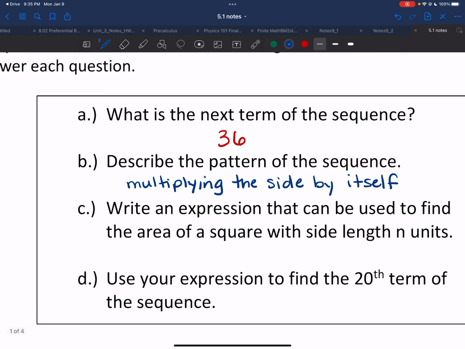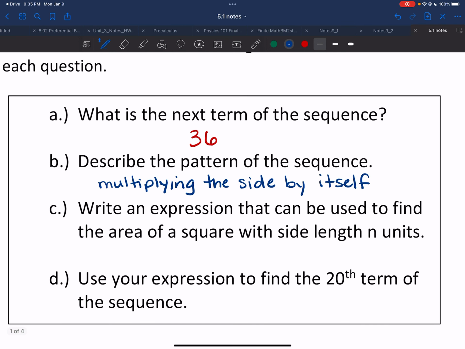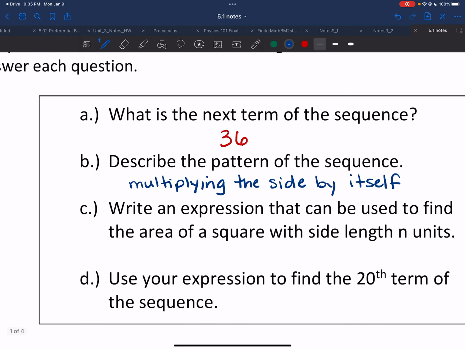Write an expression that can be used to find the area of a square with side length n units. Well, we know it's the number times itself, so if my side is n, that would be n times n. Or what I could do is I could also call it n squared, because that's what n times n means.